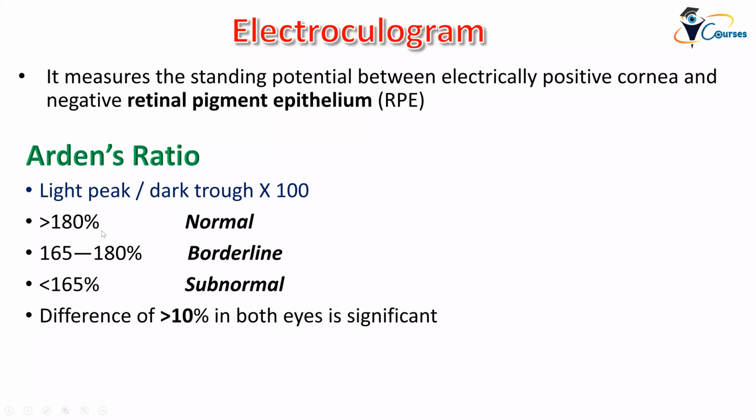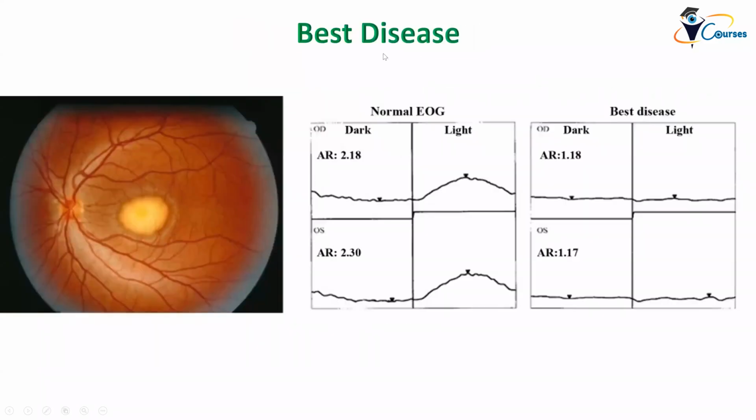If it is more than 180, this is normal. If it is between 165 to 180, this is borderline. If it is less than 165, then this is subnormal. And a difference of more than 10% between both eyes is significant. The most important application for the electrooculogram is Best disease.